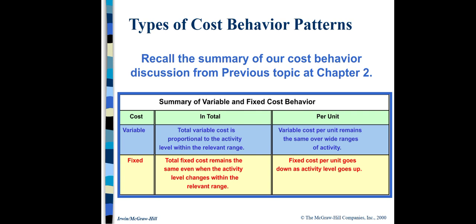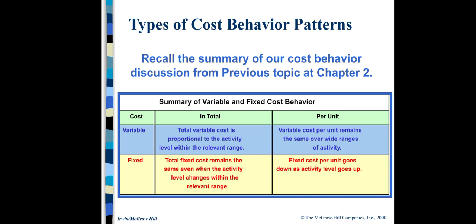There are two kinds of cost: variable cost and fixed cost. The variable cost in total means that total variable cost is proportional to the activity level within the relevant range. And variable cost per unit means that the cost per unit still remains the same over a wide range of activity.